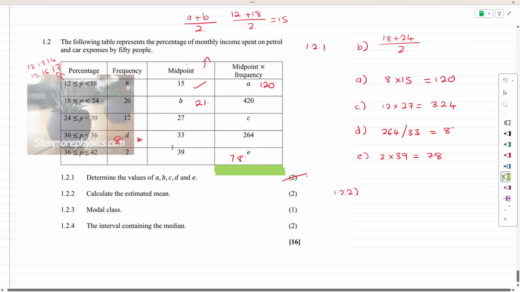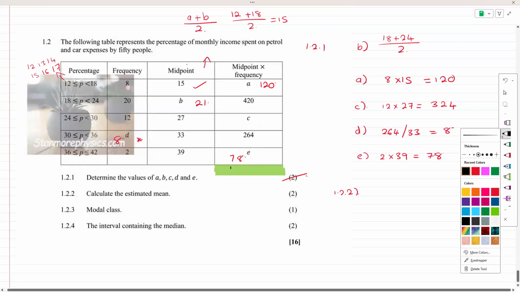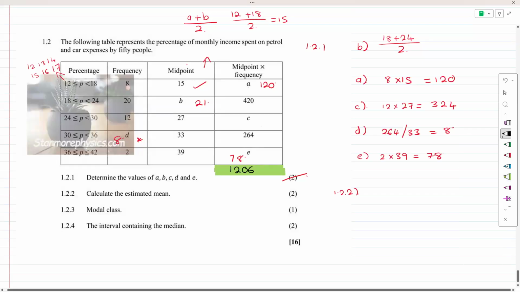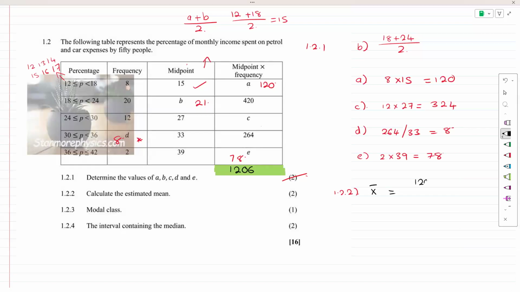So if we add this, we get 120 plus 420 plus 324 plus 264 and plus 78, and this is 1,206. So the mean is equal to 1,206, and then we have to divide it by the total number of things there are.